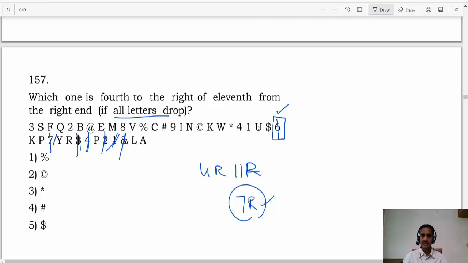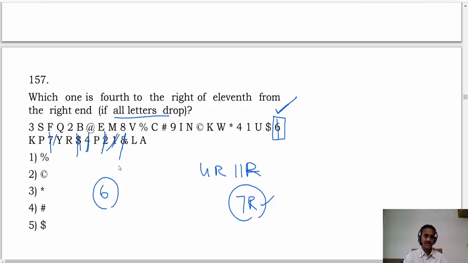Now this should be 7, then 8, 9, 10, 11. దీనికి మళ్ళీ 4th right: 1, 2, 3, 4. Hence anyhow you will get 6 as the answer. Okay. If all the letters are dropped, 6 will be the answer.